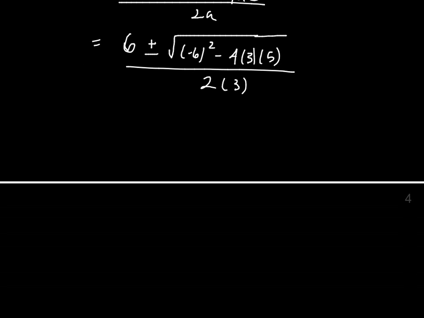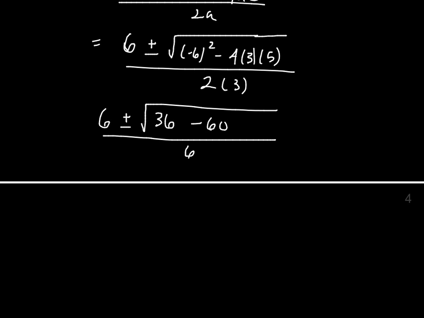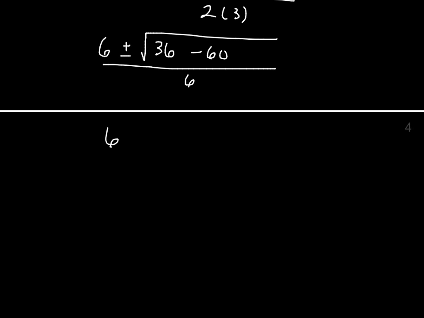From here I can see that I have 6 plus or minus the square root of minus 6 squared, which is 36, minus 4 times 3 times 5, which is minus 12 times 5, that's minus 60, divided by 2 times 3, which is 6. This gives me 6 plus or minus the square root of minus 24, over 6.